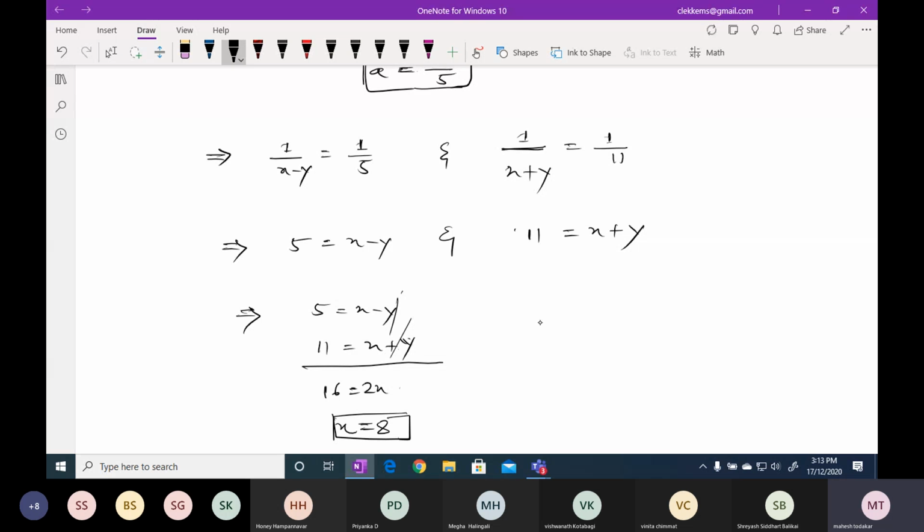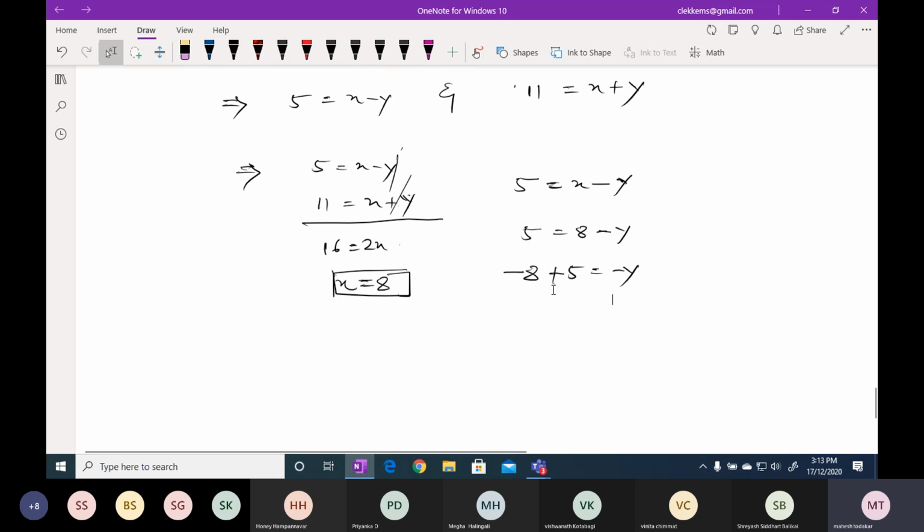Now once you got x is equal to 8, here you can substitute the value in this equation. 5 is equal to x minus y. Substitute x is 8, 5 is equal to 8 minus y. This you can take this side. So it is minus 8 plus 5 is equal to minus y.